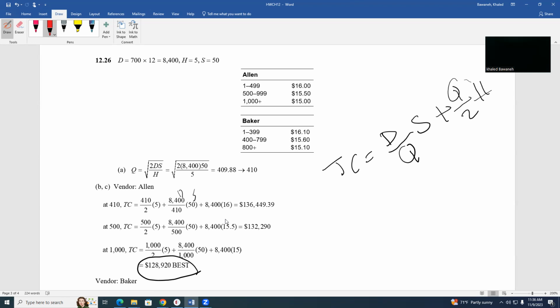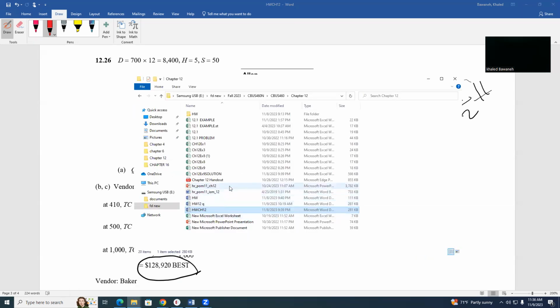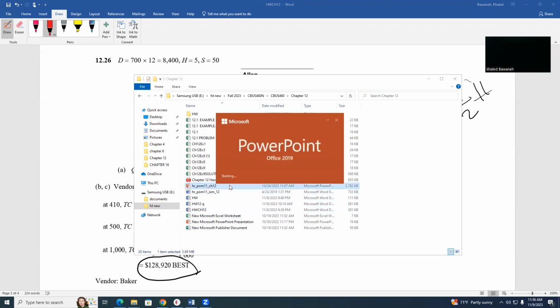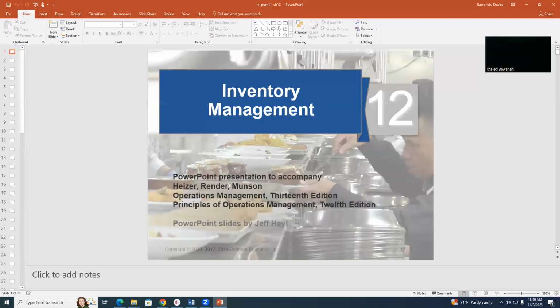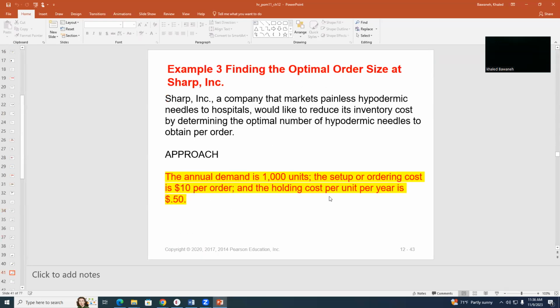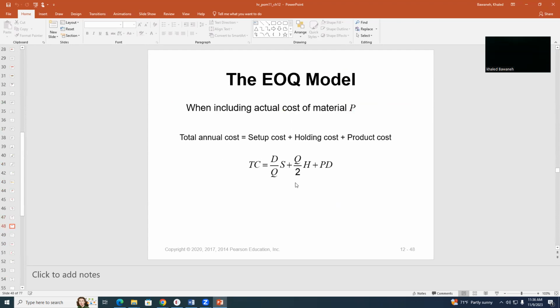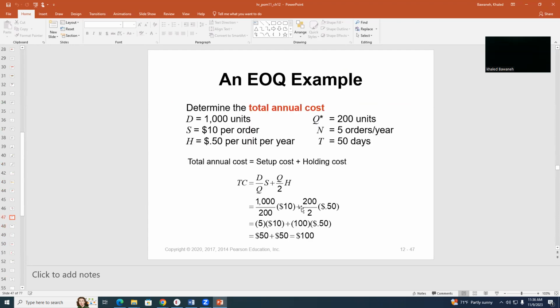Okay, let me bring up the slide for the total cost and put that formula for you. You need to print these slides, especially this one, the total cost. See, this is the total cost.